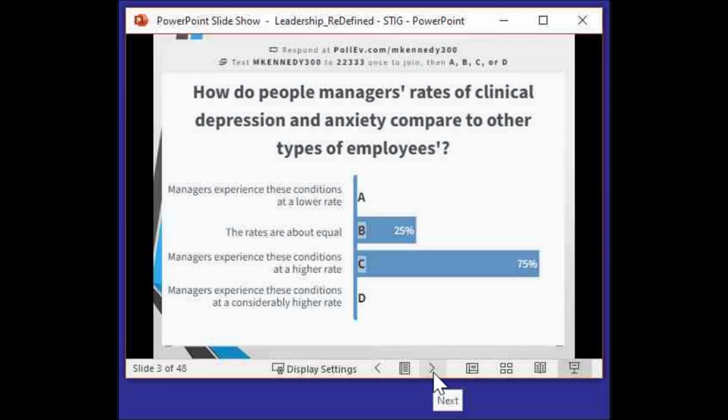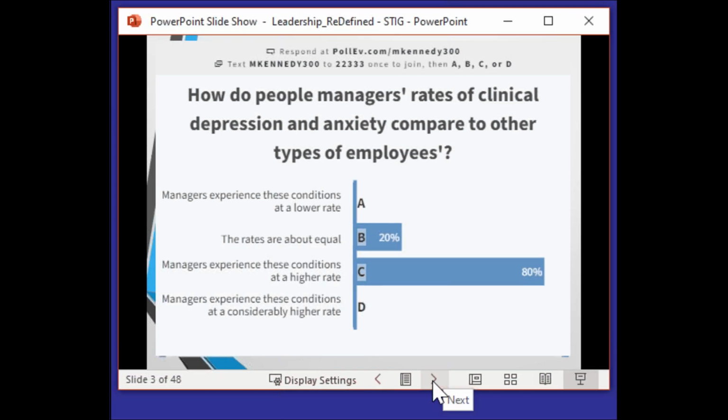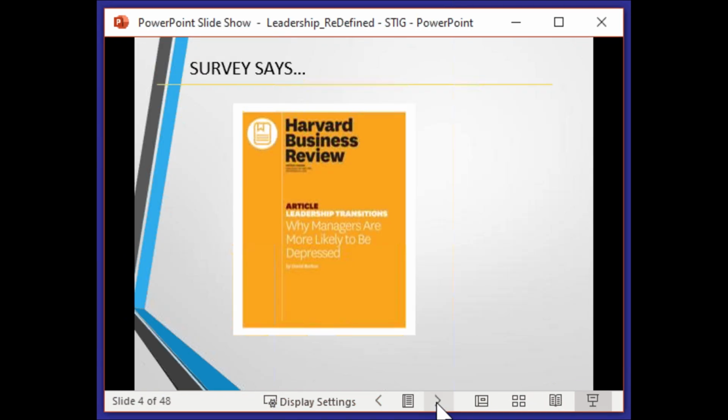We've got some folks chiming in with their votes. It looks like the consensus is that it might be at a modestly higher rate, and of course, it depends how you define that higher rate, what makes it considerable or not. But the number is actually about 30 to 40% higher rates of depression and anxiety.